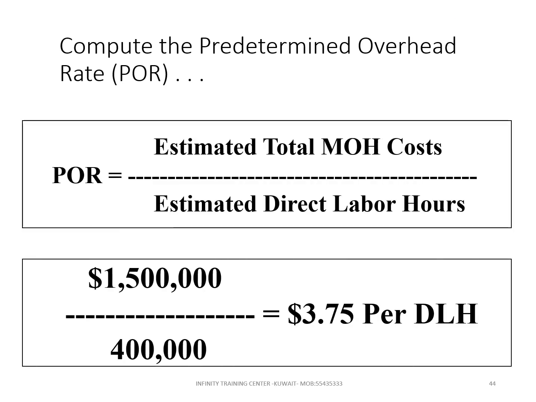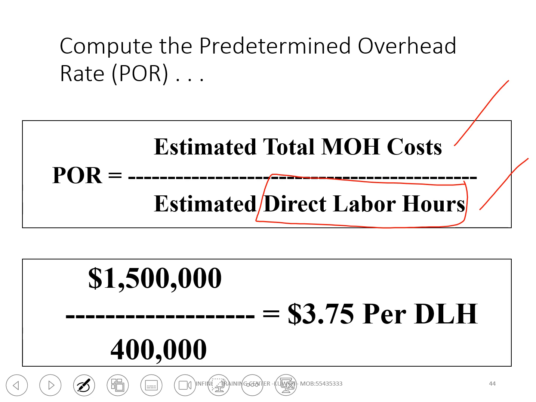So we can see an example here. POR is calculated as the estimated total machine overhead cost divided by estimated direct labor hours. Here the allocation base is labor hours, and you get the result: 3.75 per direct labor hour is our POR.